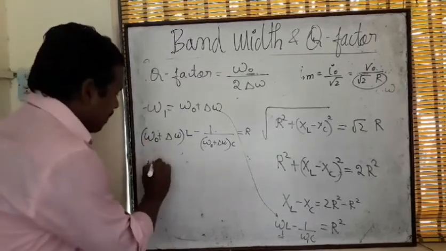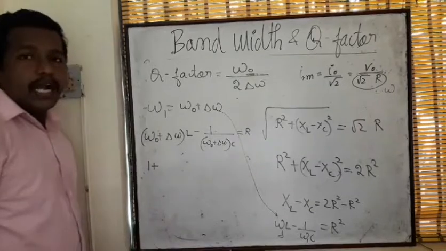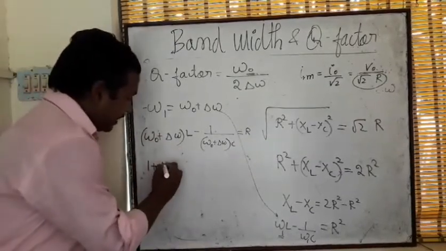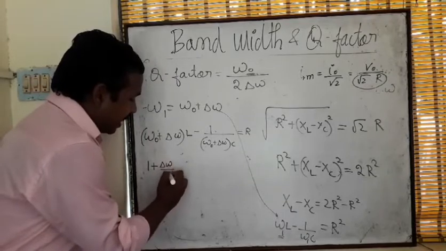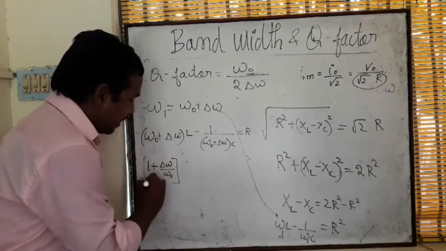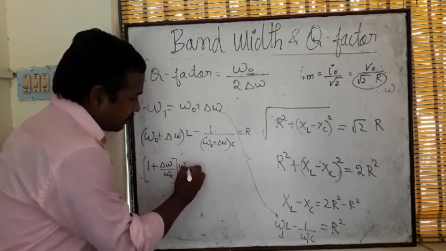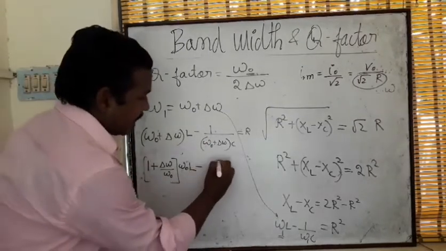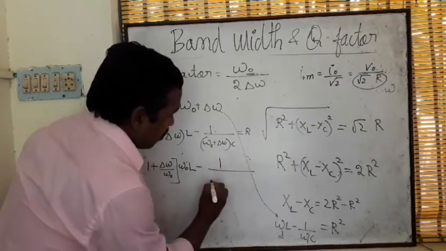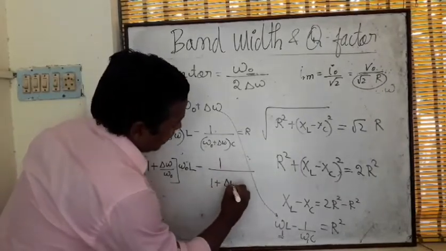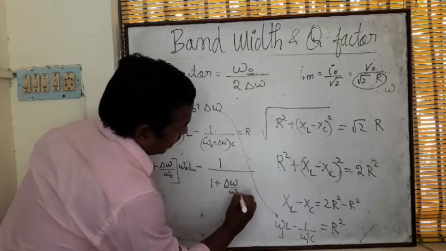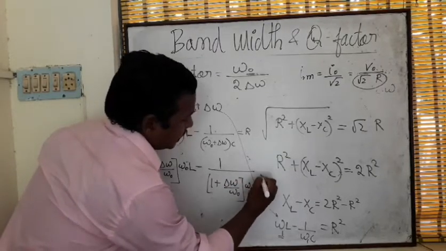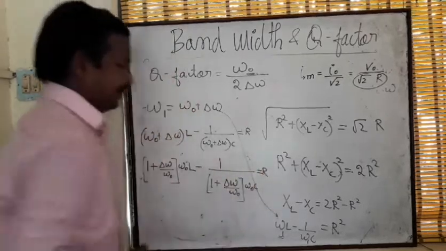That means 1 plus del omega divided by omega naught. Taking omega naught as common, omega naught times L, and in the second term also I take omega naught outside, so 1 plus del omega divided by omega naught, bracket, omega naught C, is equal to R.